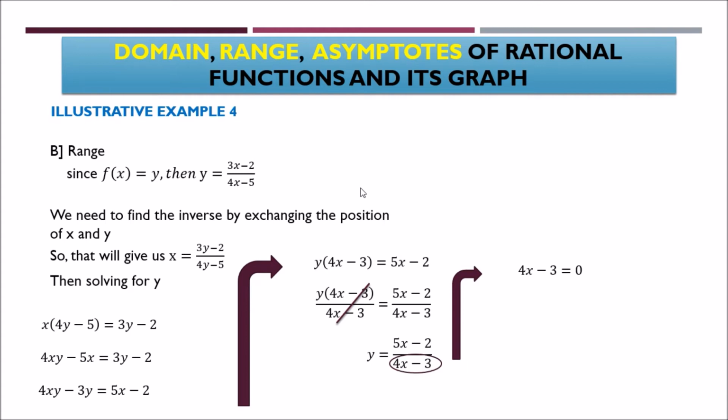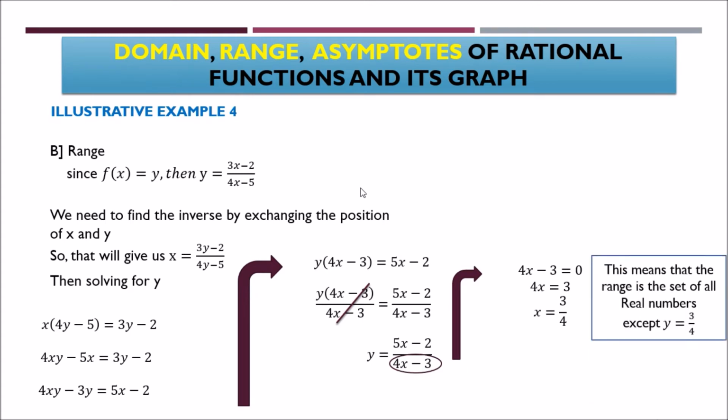This gives us 4x minus 3 equals 0. Solving for x, 4x equals 3, and dividing both sides by 4, we get x equals 3/4. So this means that the range is the set of all real numbers except y equals 3/4.